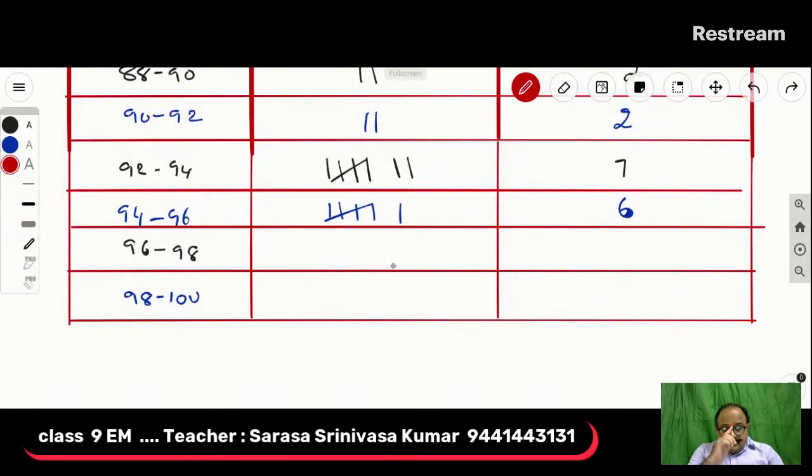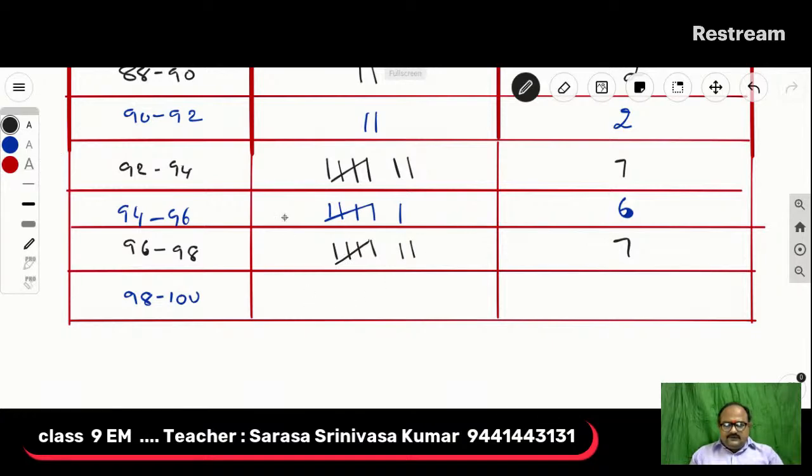So how many observations are there in this class interval? 7 observations are there. Tally marks should be written as 5 plus 2. 5 plus 2 equal to 7. 1, 2, 3, 4, 5, 6, 7.